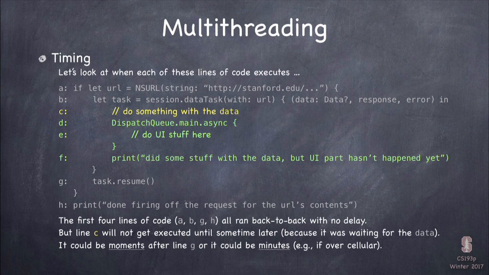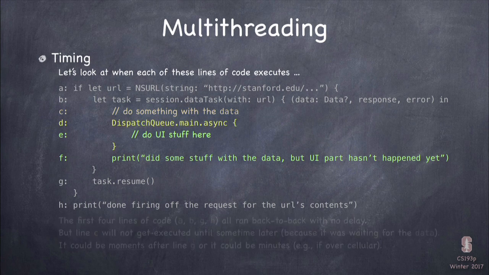That could be a minute or more if it was a big file over cellular or something like that. So with this line of code C, you have to be careful. It could happen much later, and by the time it happens, you may not even care anymore. If you had a really slow network and a big file, by the time you came back, the user might be like, I don't even care about it. So they're gone. When you come back to line C right there, you better check and make sure that you still even care. Make sense?